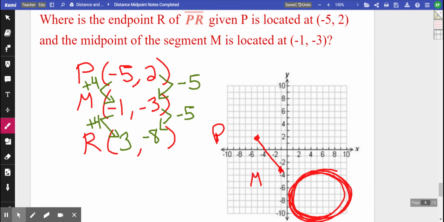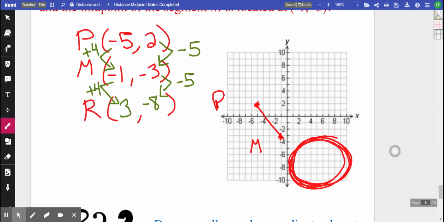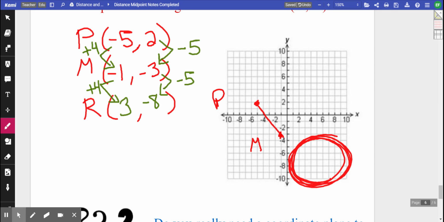Let's plot it on the coordinate plane and see how close we are to that circled region that we had from the beginning. If I plot 3, -8, I'm going to get a point down here. I could name it R.